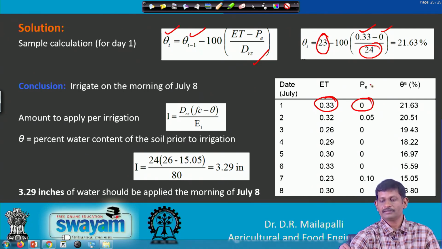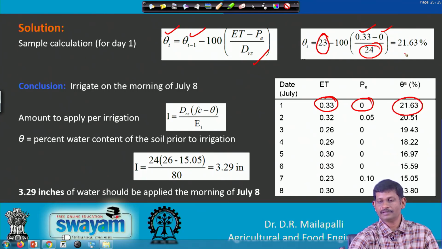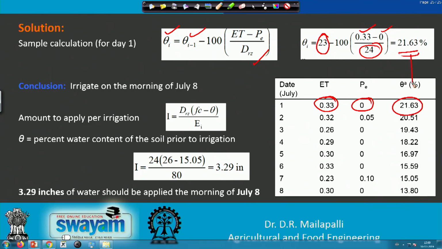If you do the calculations, this will be 21.63% at the end of the first day.